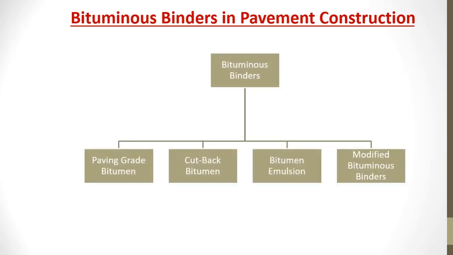Now, the bituminous binders used in pavement construction are usually divided into four types. First is pavement grade bitumen, second is cutback bitumen, third is bitumen emulsion, and fourth is modified bituminous binders. You will learn about all these four types.